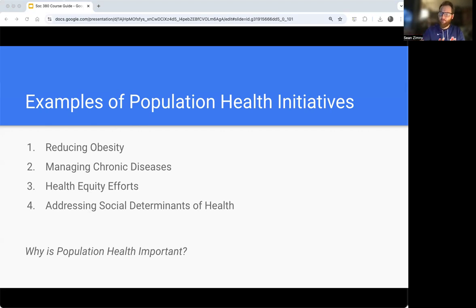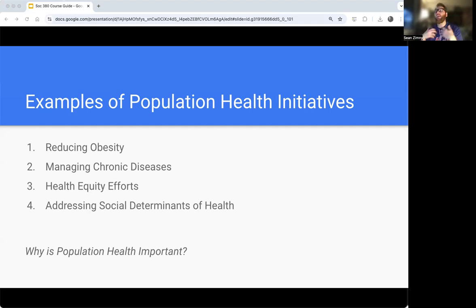Maybe a doctor can't be present right there. There's a lack of doctors physically present. So how do we advance telemedicine opportunities and access there? Addressing the social determinants of health as well. This is where we're initiating affordable housing projects to reduce health risks associated with unstable living conditions. This is one example of what that can look like.